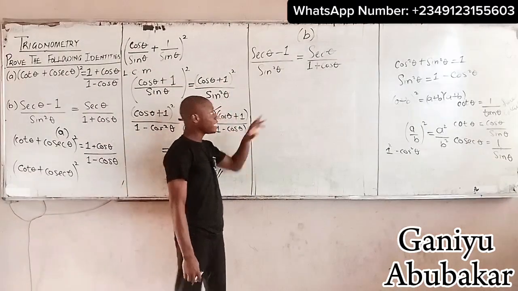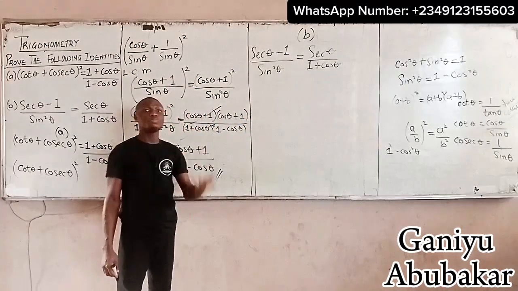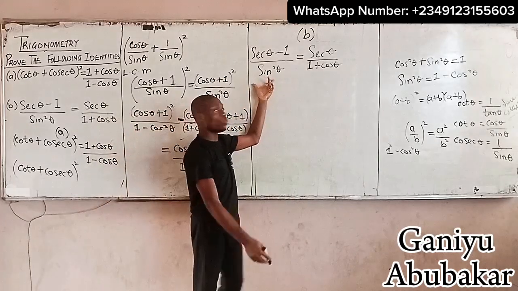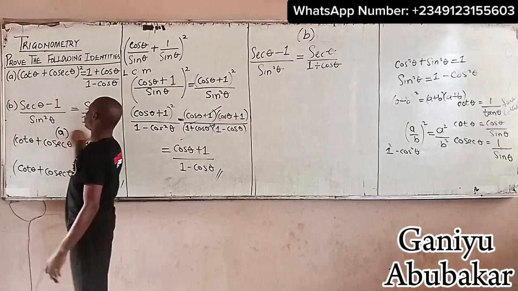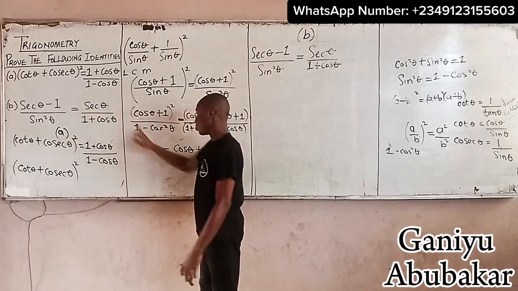All right, let's prove this one, please. We are trying to prove this one to be equal to this. As you can see, we proved that this one here is equal to this one.